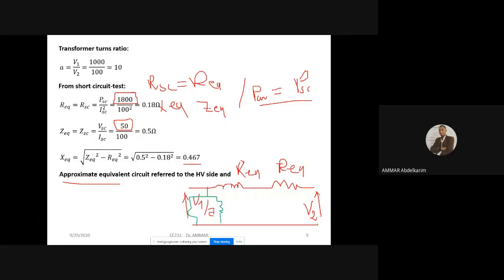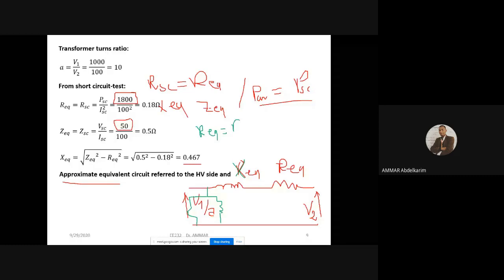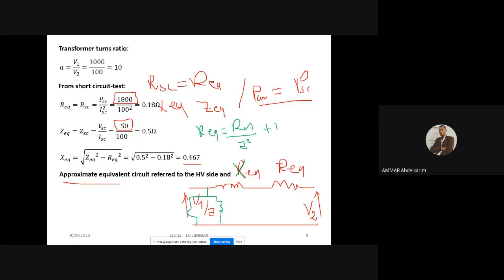So why do we choose this circuit exactly? Here we have R equivalent and X equivalent. When we move the parallel branch, we can add the resistances and reactances of the primary and the secondary to each other. So if the circuit is referred to the secondary, R equivalent equals R1 over A squared plus R2.